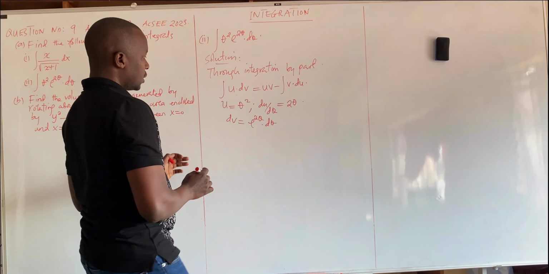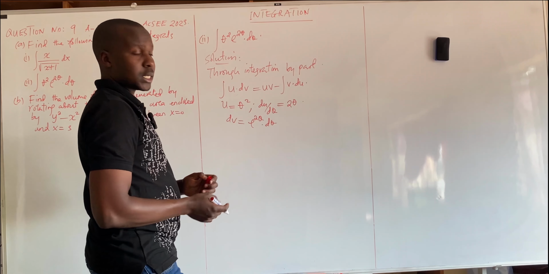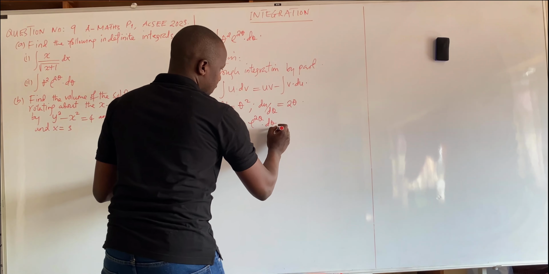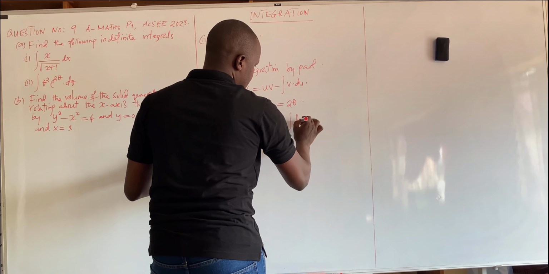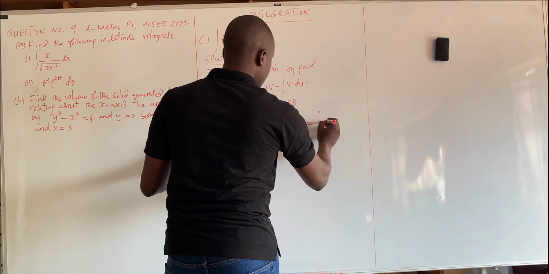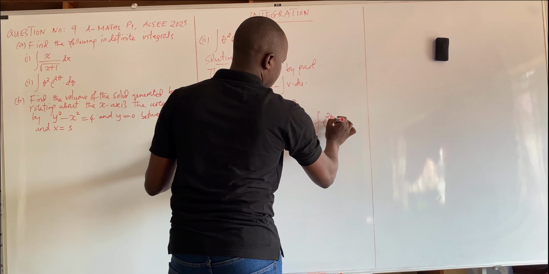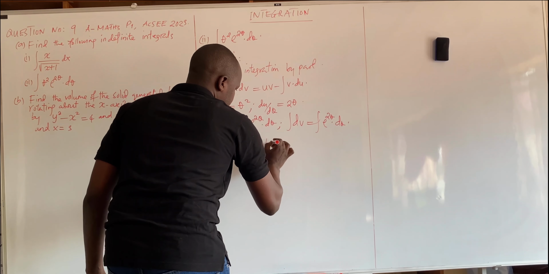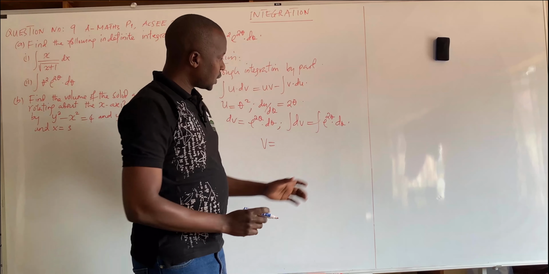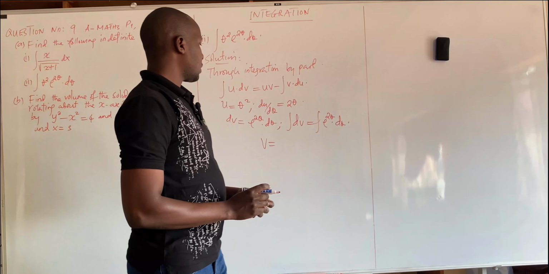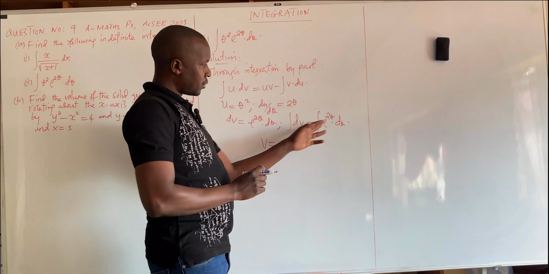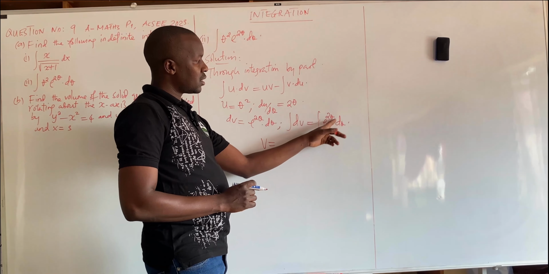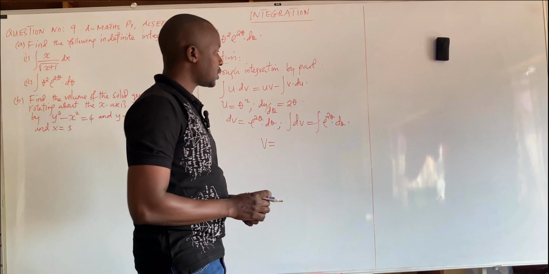Then from there, now we apply integration. We want to know what is the value of v. So on applying integration now, it will be integral of dv equals to the integral of e to 2 theta d theta. So here we'll have v now equals to, when we're integrating exponential function, the simplest trick for these Euler's functions is we take 1 over the derivative of that power.